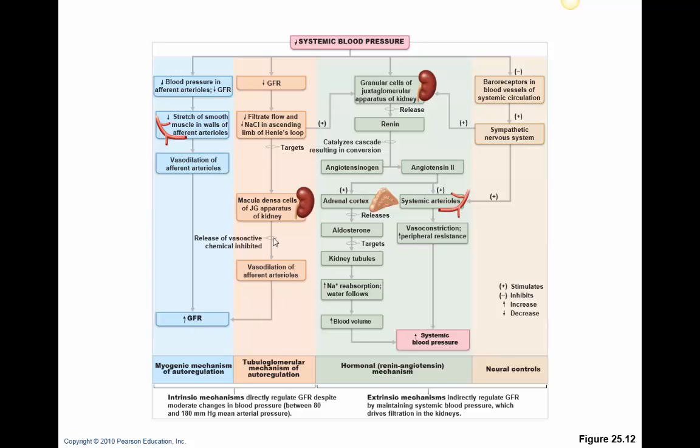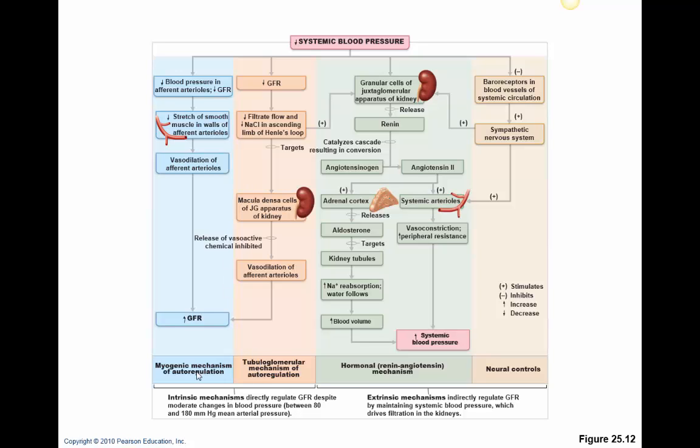The macula densa cells will also inhibit secretion of ATP in order to, again, relax that smooth muscle and dilate that afferent arteriole. So together, the granular cells and the macula densa cells are acting to increase the glomerular filtration rate, to increase blood flow in the kidneys when there's a falling systemic blood pressure. So those two are the intrinsic mechanisms.